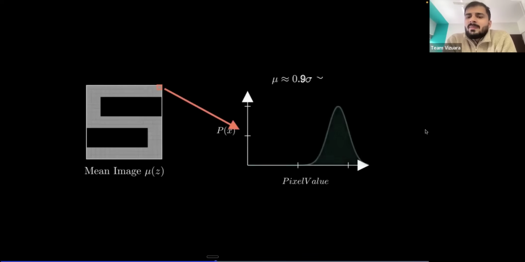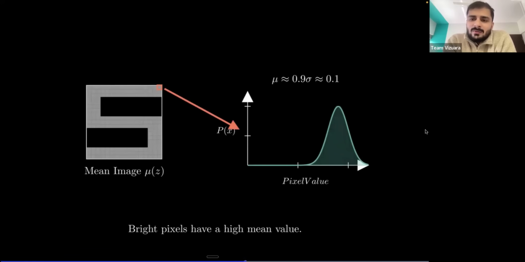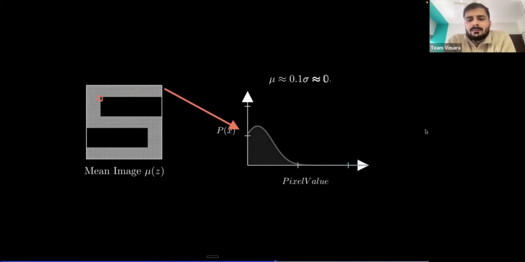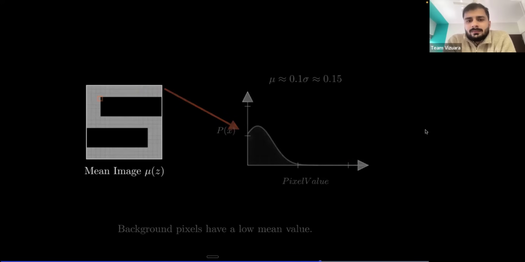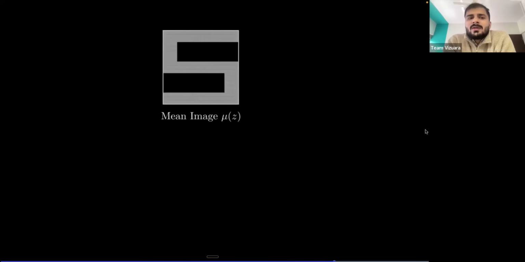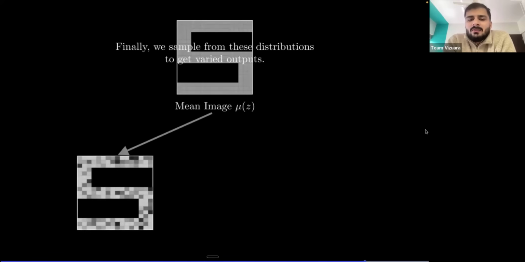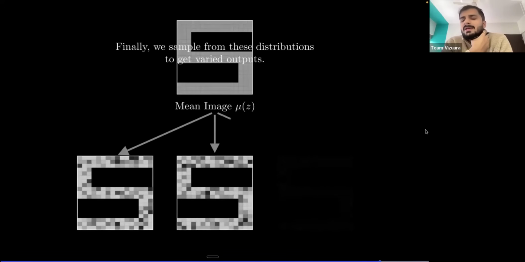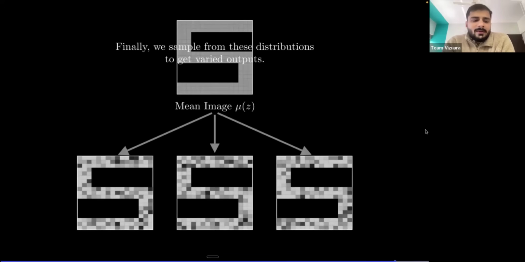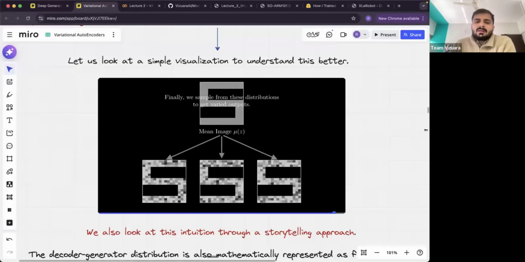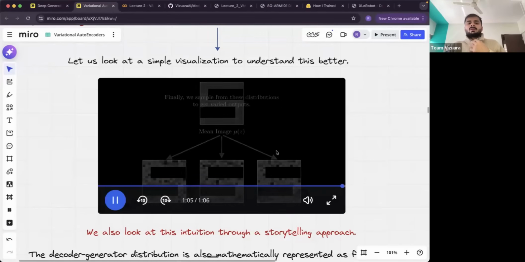And this distribution can be predicted if we have two values, the mean and the variance also. So finally, when you generate multiple outputs, when you sample from this distribution, you will get a variety of samples for the same digit 5. So this is what we want our decoder to do.